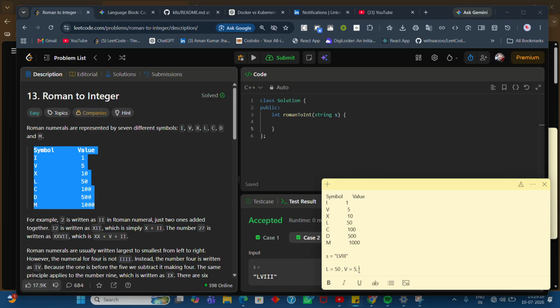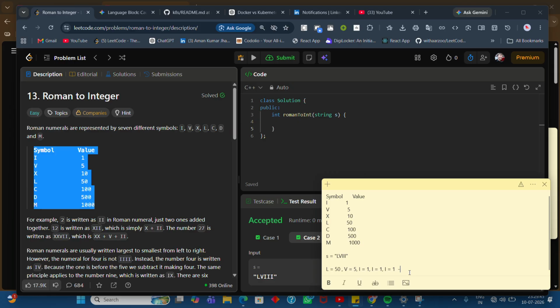The last one is III. So we know I is equal to 1 here, the second I is again 1, and the third I is again 1. So III is 3 ones.